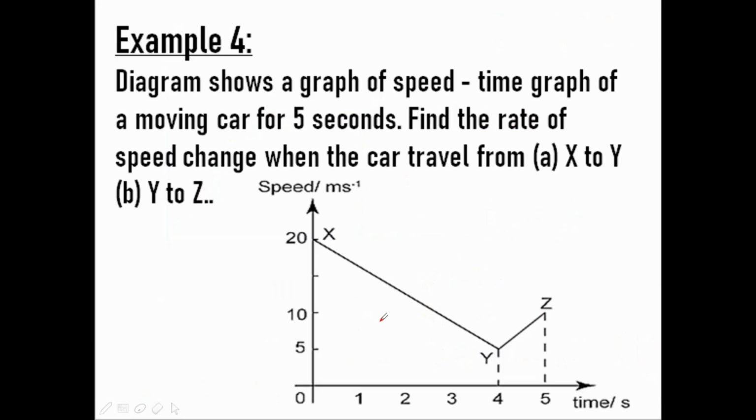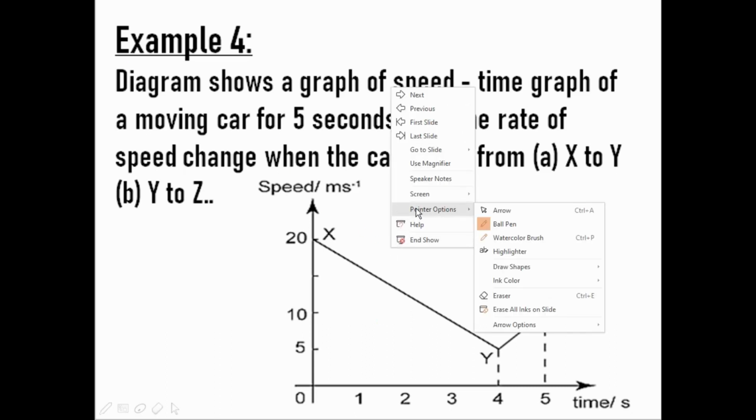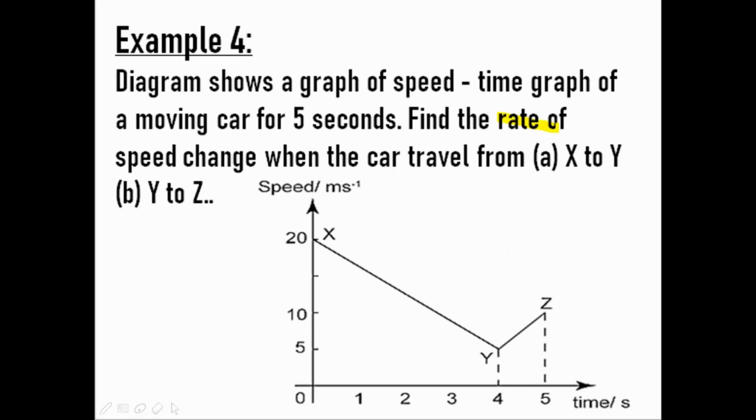Okay, example 4. The diagram shows the speed against time graph of a moving car for 5 seconds. Find the rate of speed change when the car travels from X to Y and from Y to Z. From the question, we are asked to find the rate of speed change. The rate of speed change is also known as acceleration.